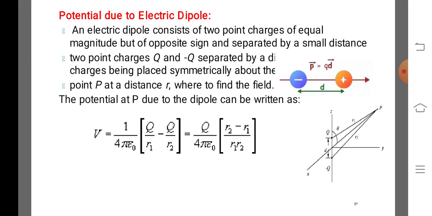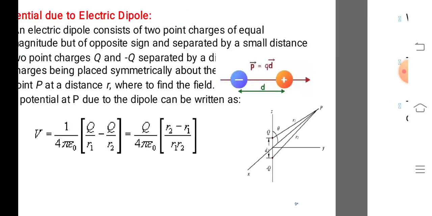That is, Q and minus Q separated by a distance dl. It is placed symmetrically about the point P at a distance r, where we find the field. The potential due to the dipole can be written as V equal to 1 by 4 pi epsilon naught times the bracket Q by R1 minus Q by R2. So we can take the LCM out.